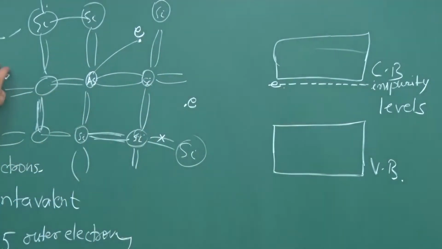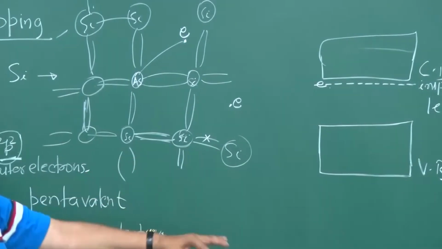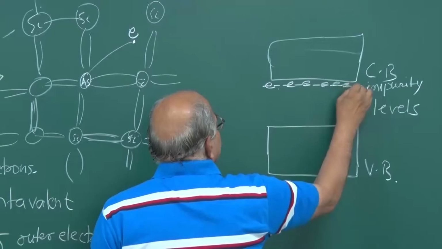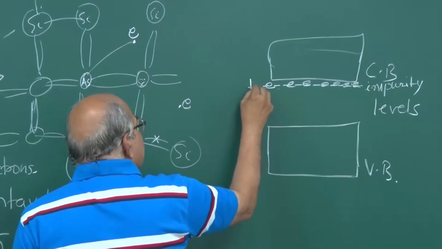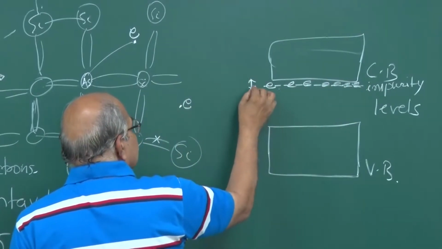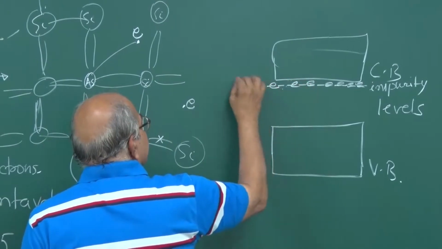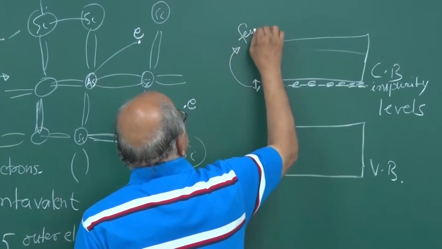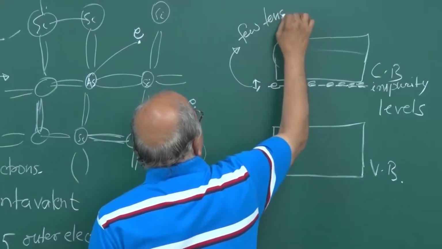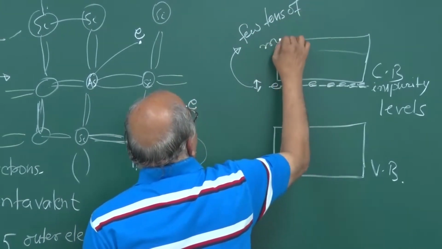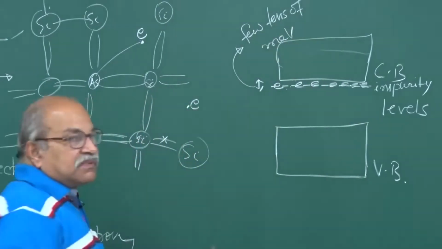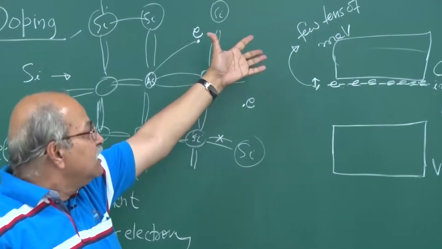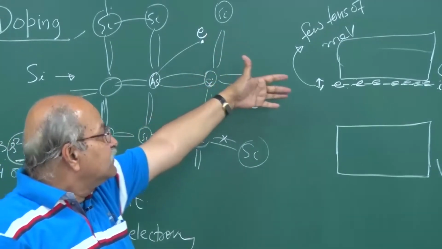So similarly you have arsenic here and there and there and there, and those electrons are in these impurity levels, and this gap here, this difference here is few tens of milli-electron volts. Maybe 15, 20, 30, 40 milli-electron volts of this energy.